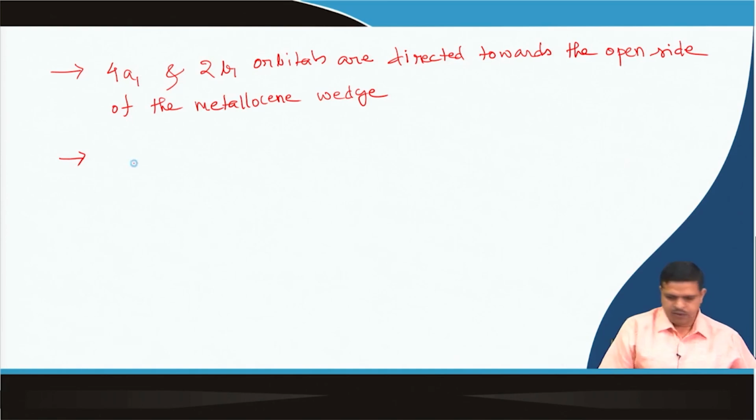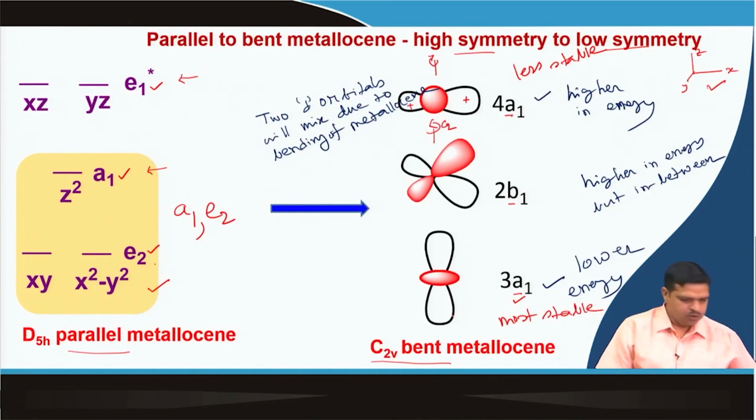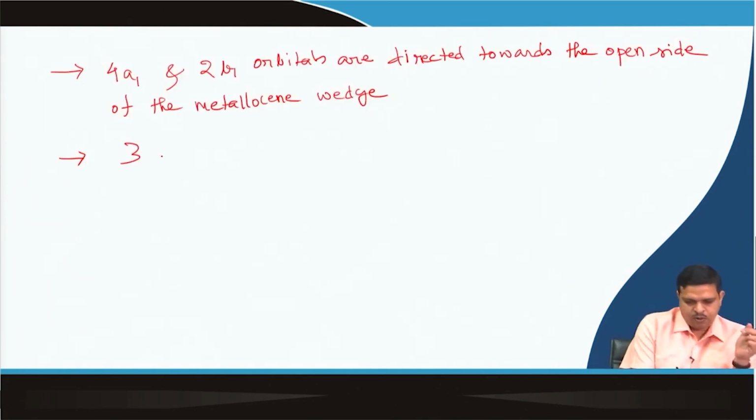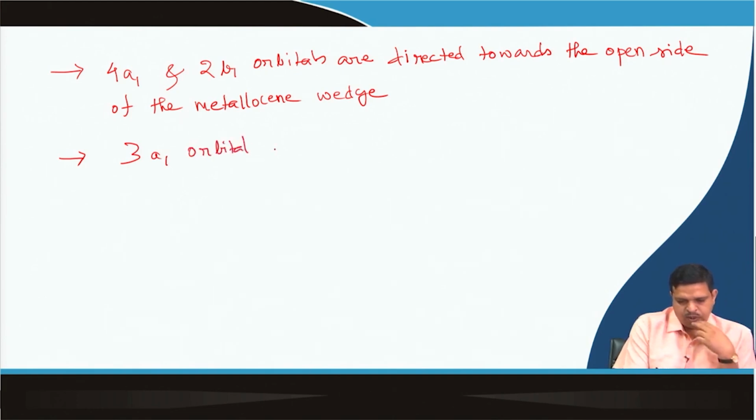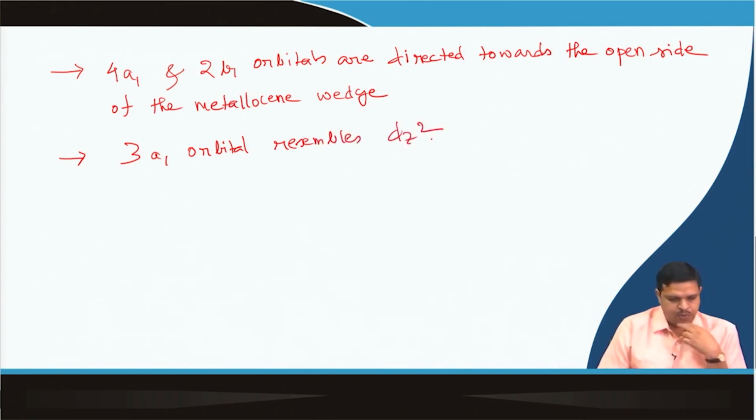Now, you will see that the 3A1 orbital resembles the dz square orbital, very obvious.